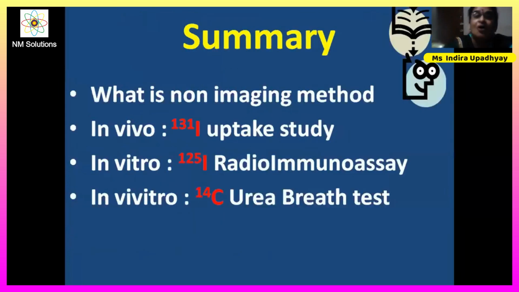Now the summary of this presentation: what is the non-imaging method. This is what we have seen here, and the in vivo method example, 131 iodine uptake study, in vitro, 125 iodine radioimmunoassay, and in vivitro, that is the 14 carbon urea breath test.